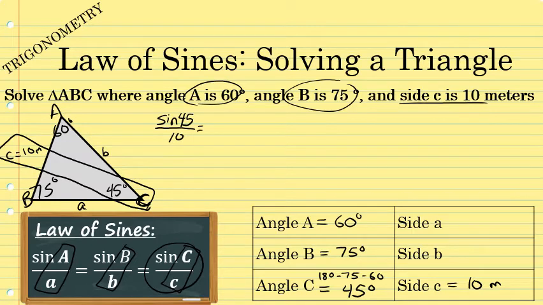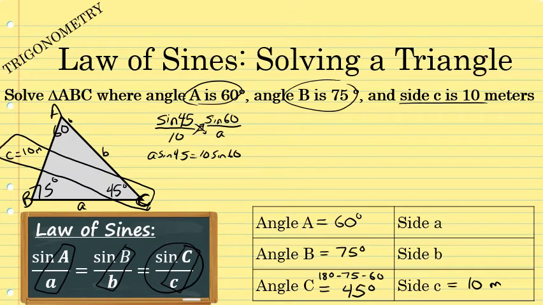I'm going to set that equal to the sine of angle A over the length of side A. Now, I don't know what the length of side A is yet, but you can see after I've written down this equation that there's only one unknown. This equation is known as a proportion, and A is the only unknown. You can solve a proportion by cross multiplication. I'll take the sine of 45 times A and set that equal to 10 times the sine of 60.